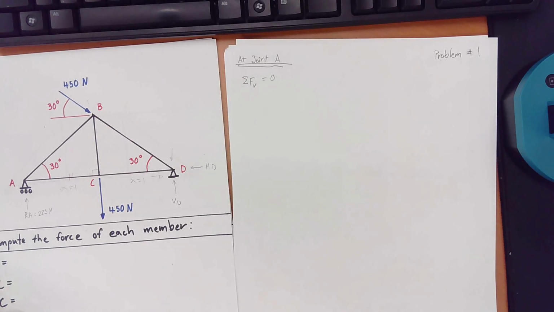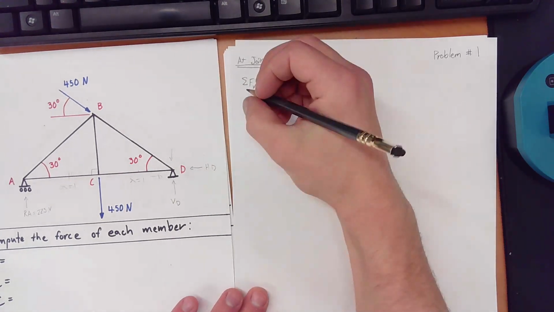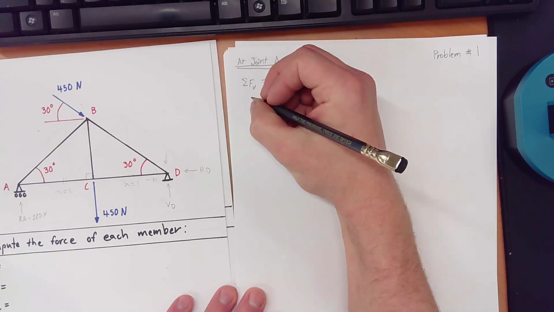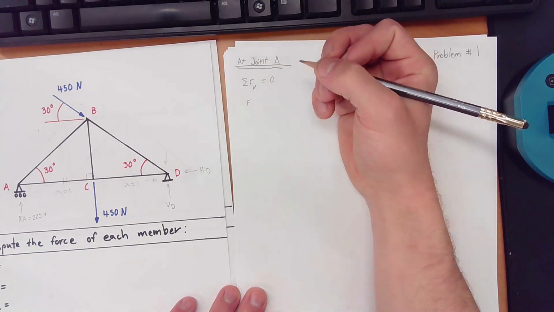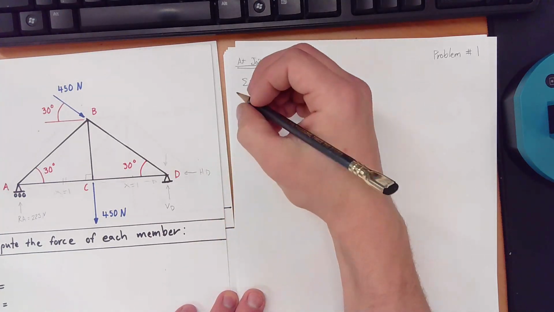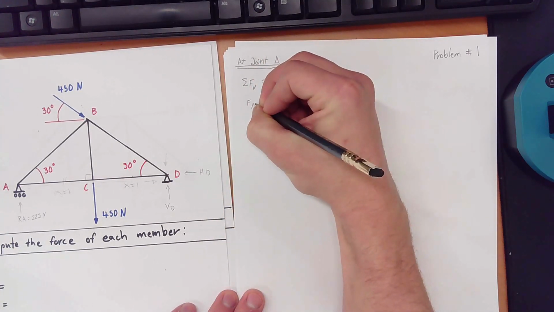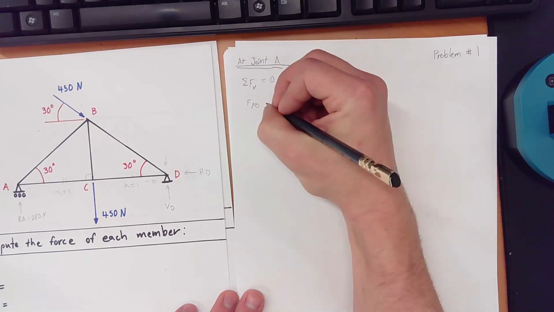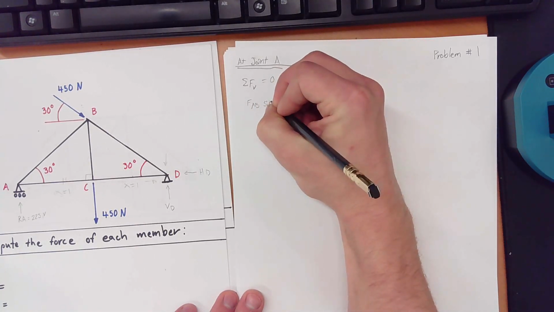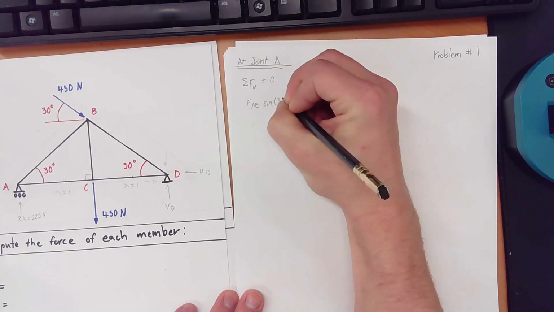In order to do that, we need to take the force, the Jedi force, the force that is acting in member AB, and we need to multiply it by the sine of 30 degrees.